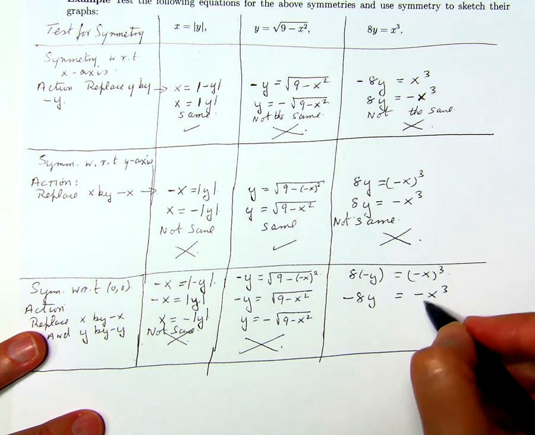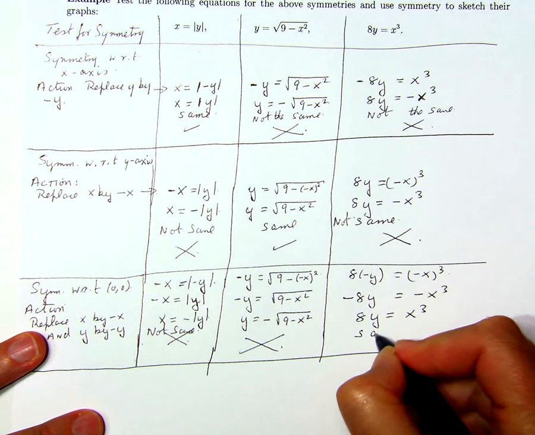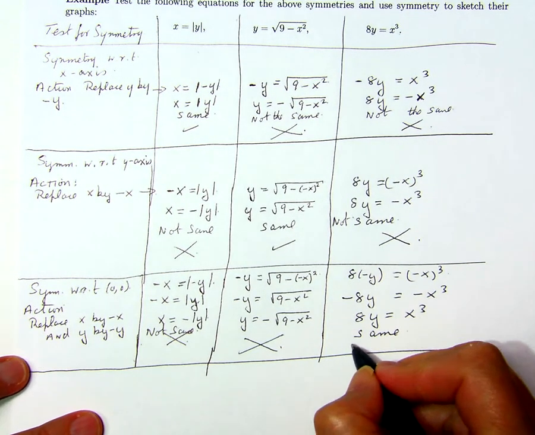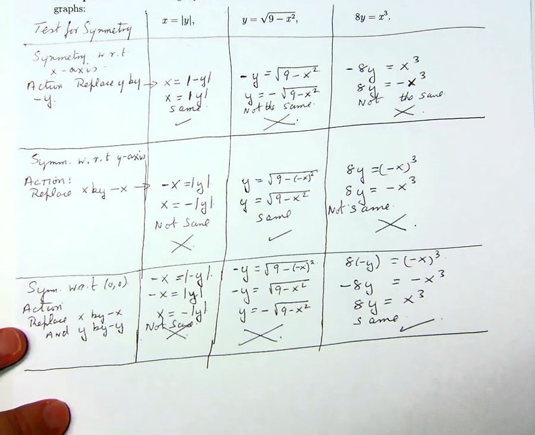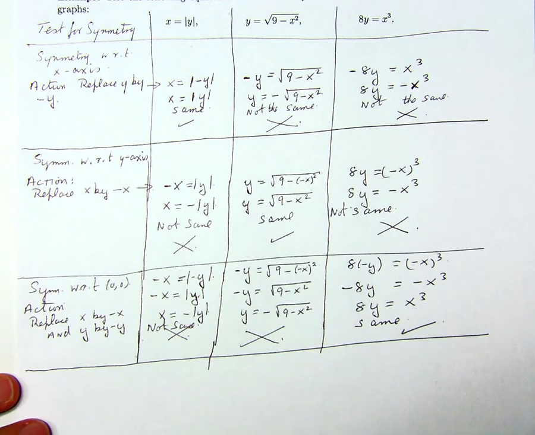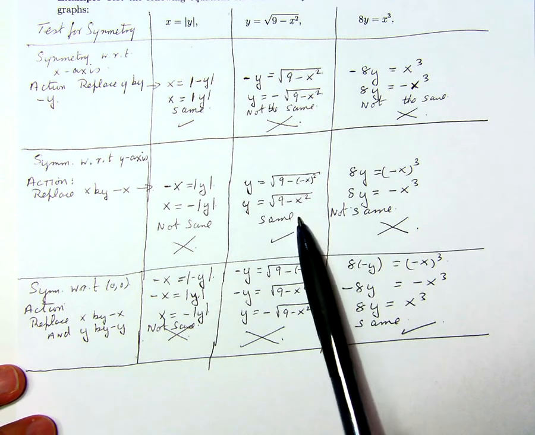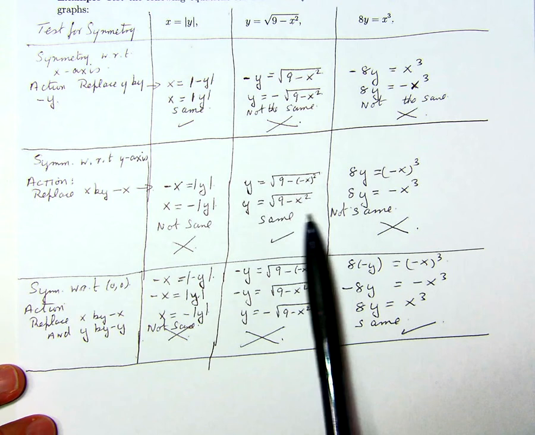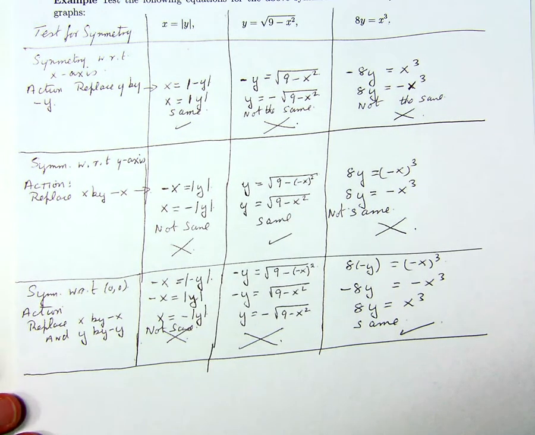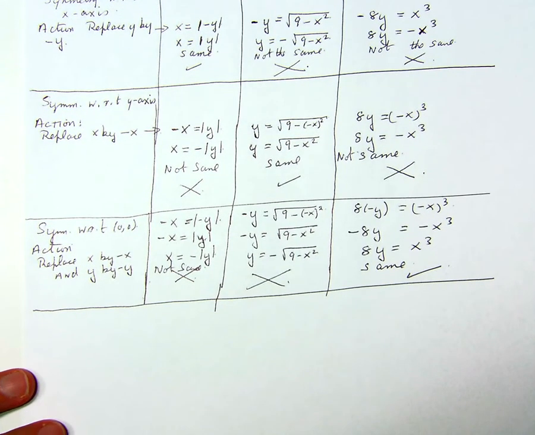And now I can cancel the negatives, and I actually do get symmetry with respect to the origin in this case. This one has symmetry with respect to the origin and no other symmetry. This one has symmetry with respect to the y-axis and no other. And this one has symmetry with respect to the x-axis and no other symmetry of the three mentioned here.